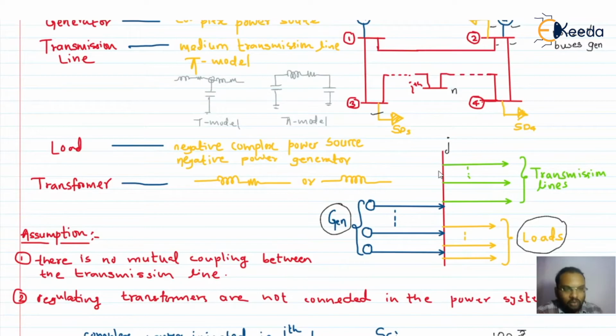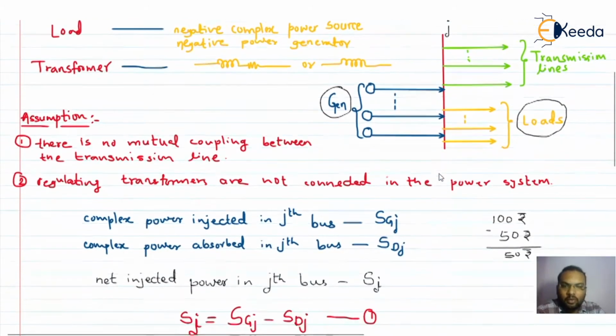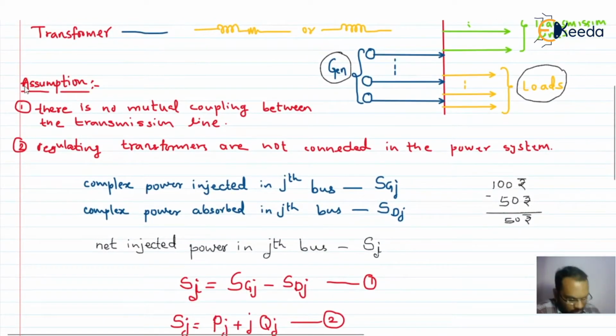Okay, now let us come to the point. With these two assumptions, what are those two assumptions? There is no mutual coupling between the transmission lines, and there is no regulating transformer connected in this power system.